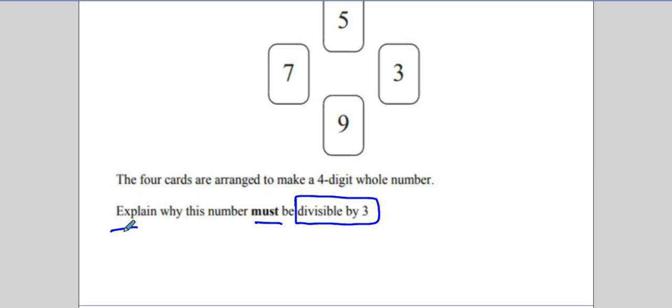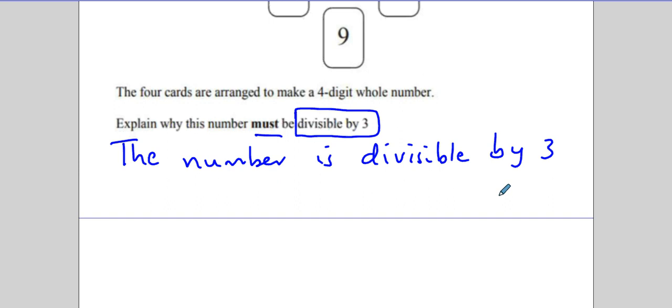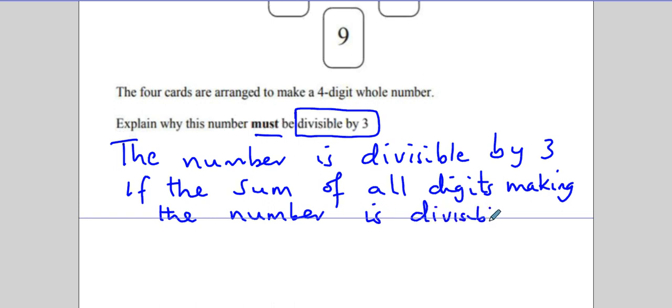We say that a number is divisible by 3 if the sum of all the digits making up the number is divisible by 3.